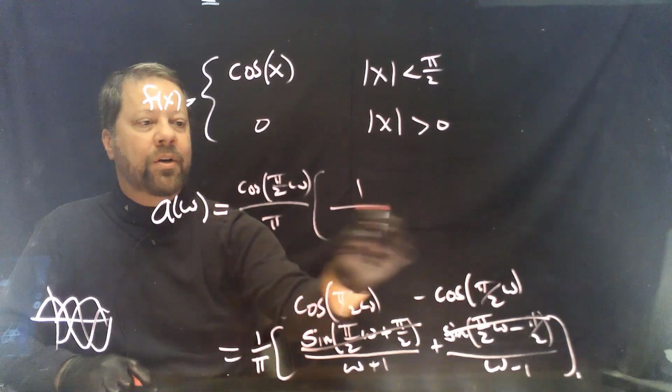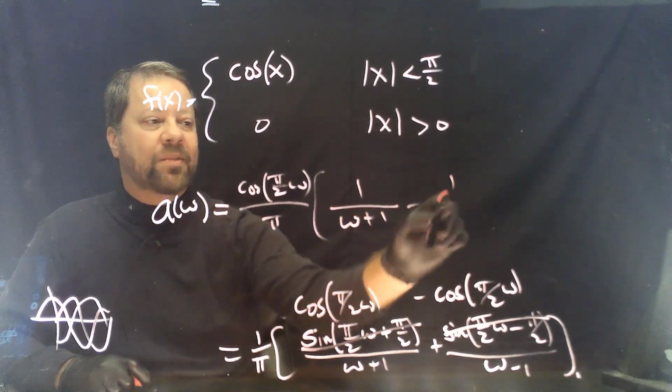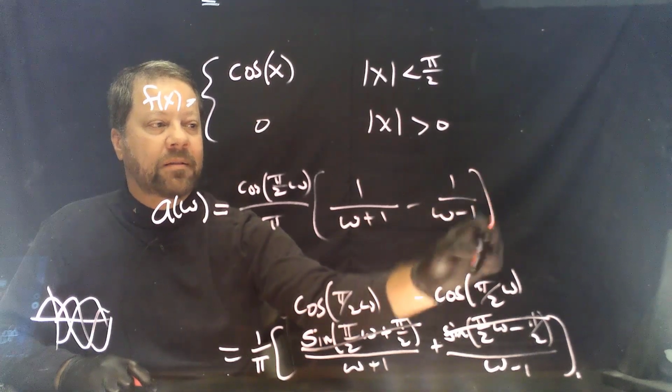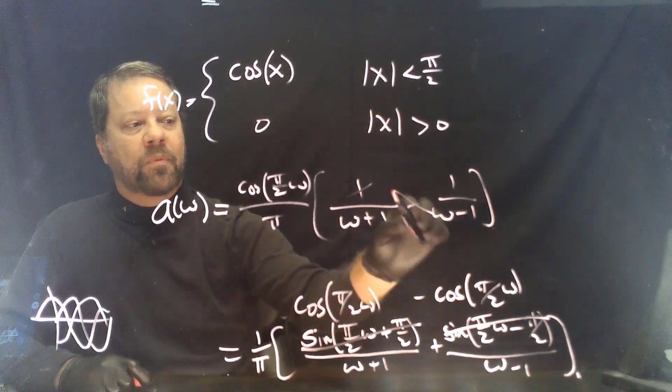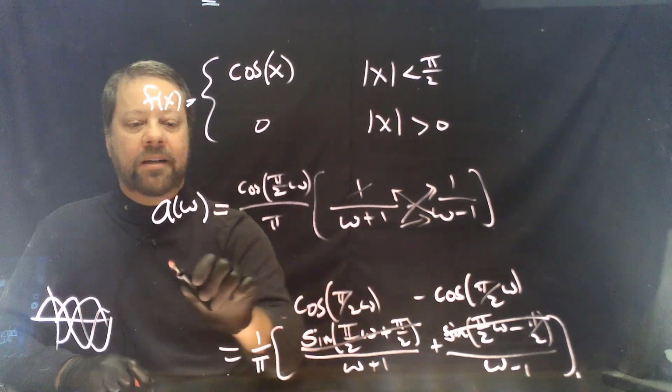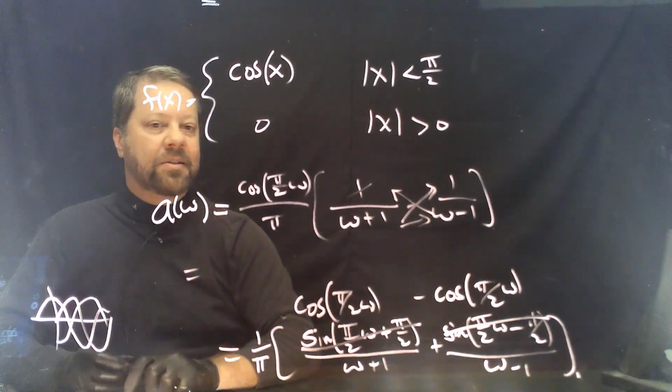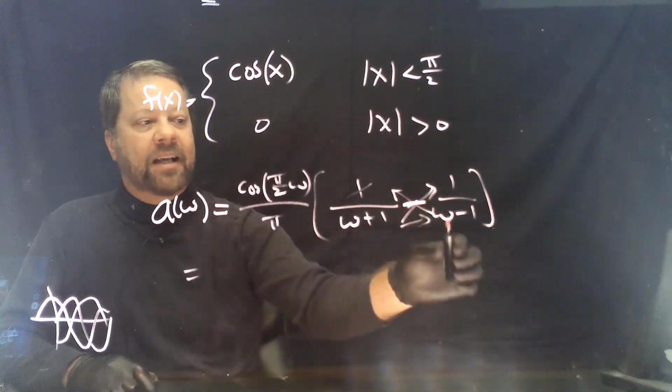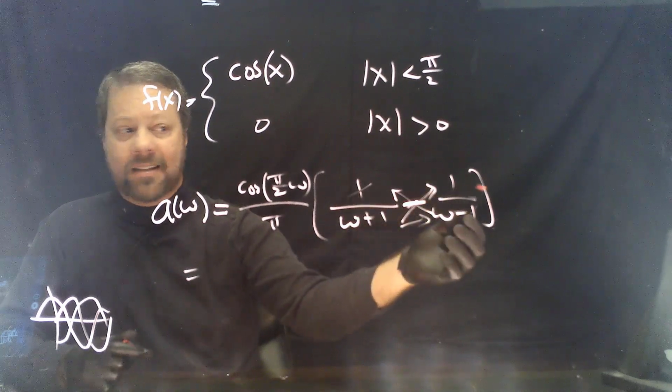We're left with 1 over omega plus 1 minus 1 over omega minus 1. When you subtract fractions, you do this kind of analysis. Since we're subtracting, the omega minus omega will cancel out.